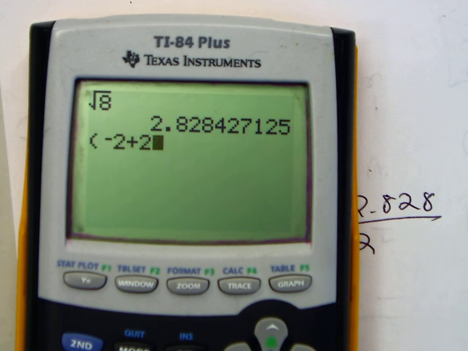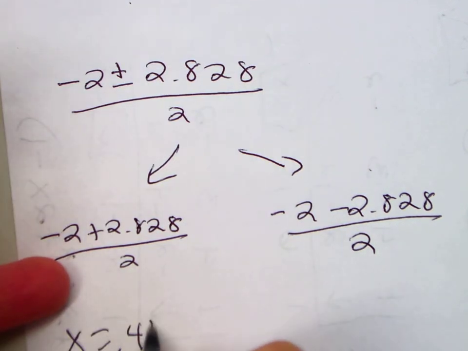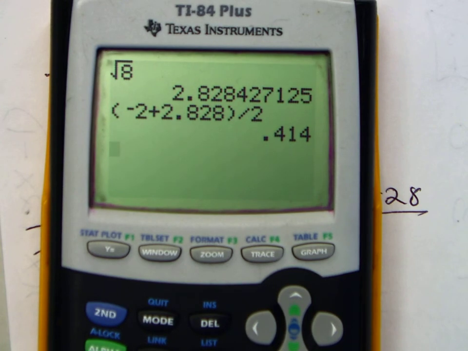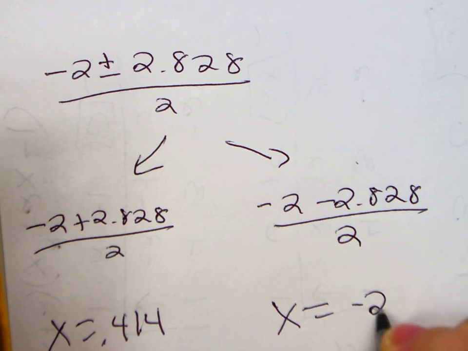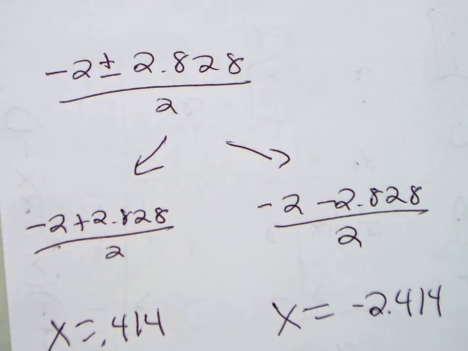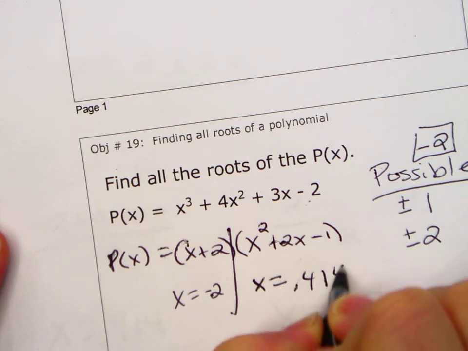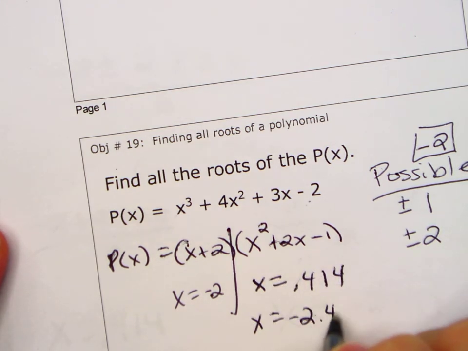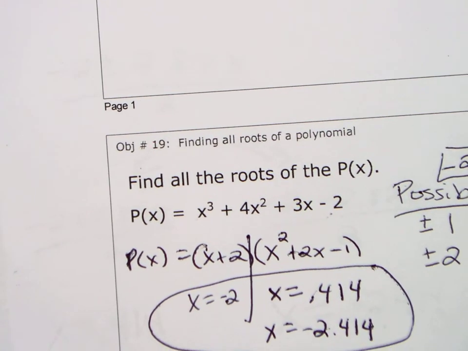Negative 2 plus 2.828 in parentheses, divide by 2. 0.414. Calculators are fabulous. Second, enter, bring it back up. Instead of adding, we are subtracting. Negative 2.414. So we get x equals 0.414 and x equals negative 2.414. So we have 3 roots, which makes sense because it's an x cubed problem.